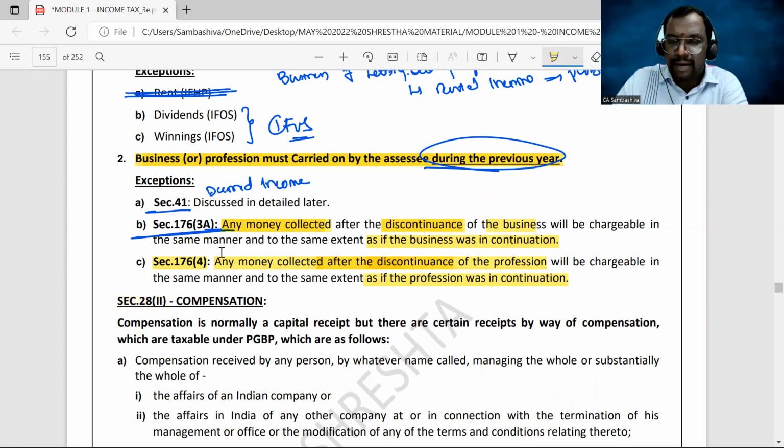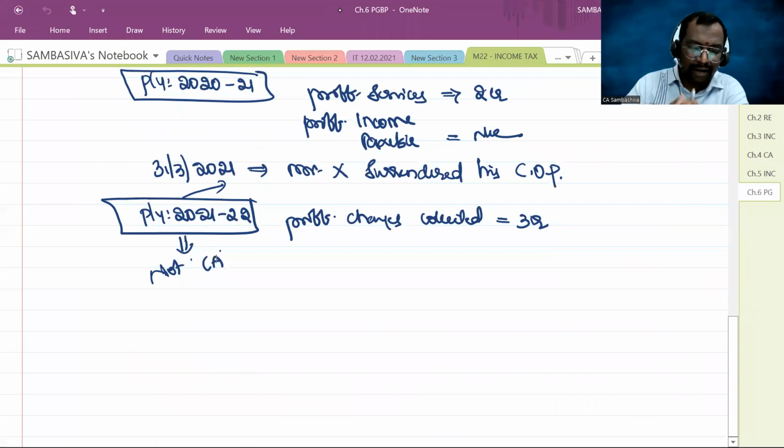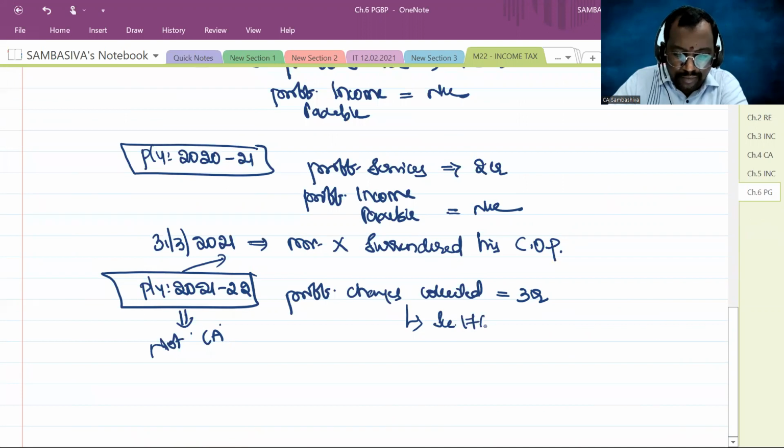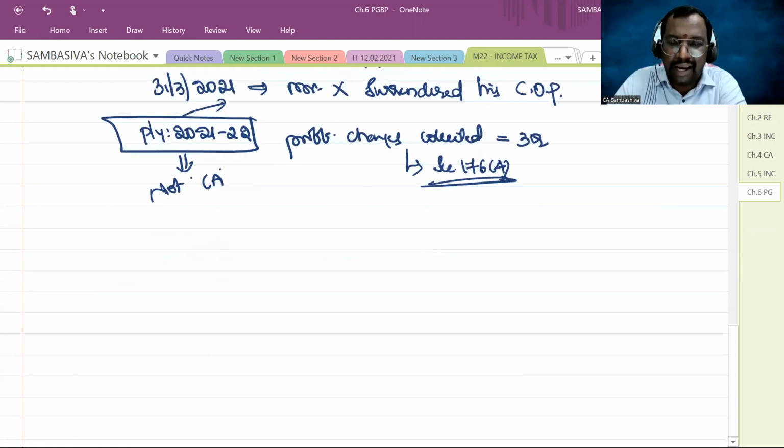Here they will say that yes, what you said is correct, but look at the exceptions. We have amended the provision. Look at the provisions of Section 176(4). As per Section 176(4), if the assessee receives any money with respect to a discontinued profession in a later year, in the year in which that amount is received, we will assume that you are carrying on your profession.